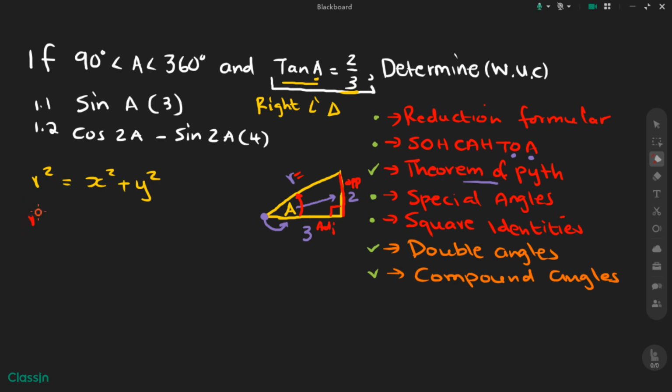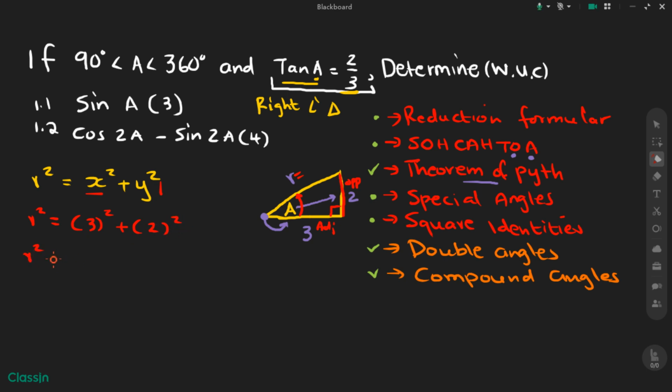Now, r squared is unknown, but what is x? x is a horizontal line, and y is a vertical line. So because we have x, it means that we have 3 squared plus y, which is a line that lies vertical, 2 squared.